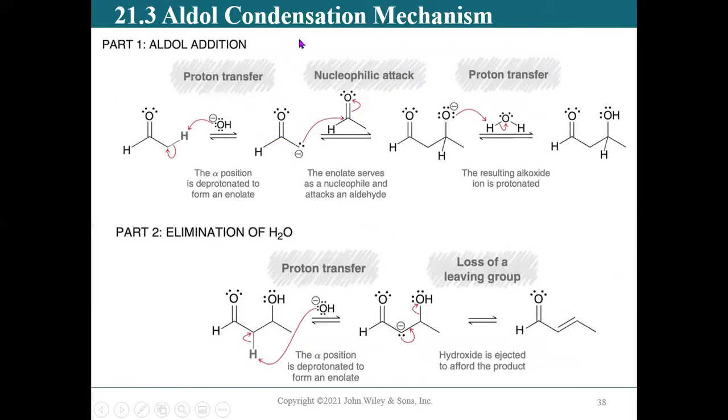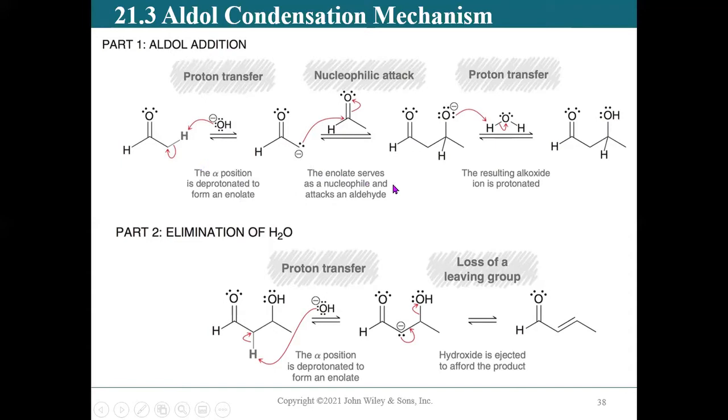So this aldol condensation mechanism has just two parts. Part one, the aldol addition. Again, we use acetaldehyde as an example. The first step of the aldol addition is the deprotonation of the alpha position. And then we have the enolate.